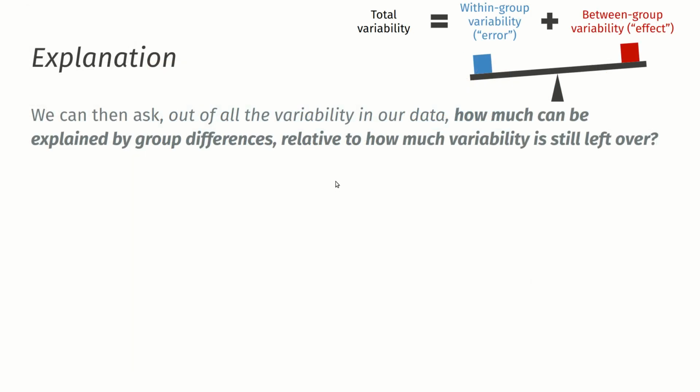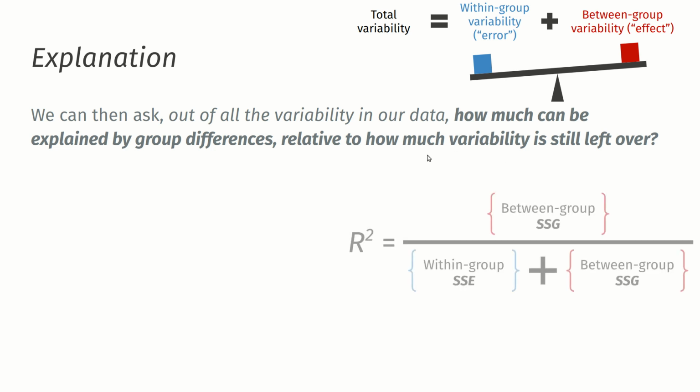Now, once we have that idea, we can then ask, out of all of the variability in our data, how much can be explained by group differences relative to how much variability is still left over. And this gets us to an interesting number called r squared here.